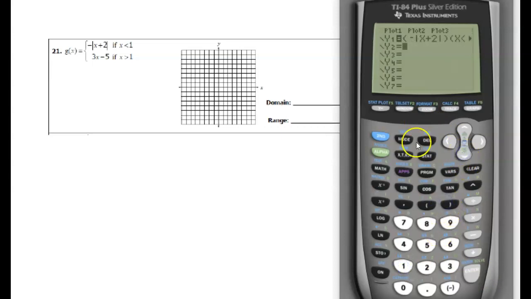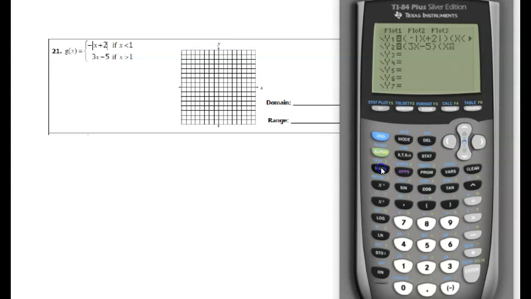I do the same thing for the other side of my piecewise function. Change this to multiplication, so I have 3x minus 5 in parentheses, and I set another condition, which is when x is greater than 1.